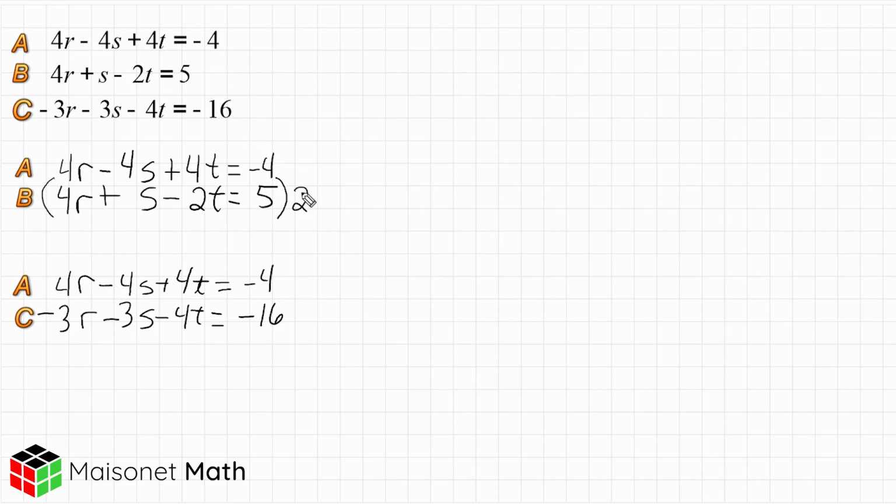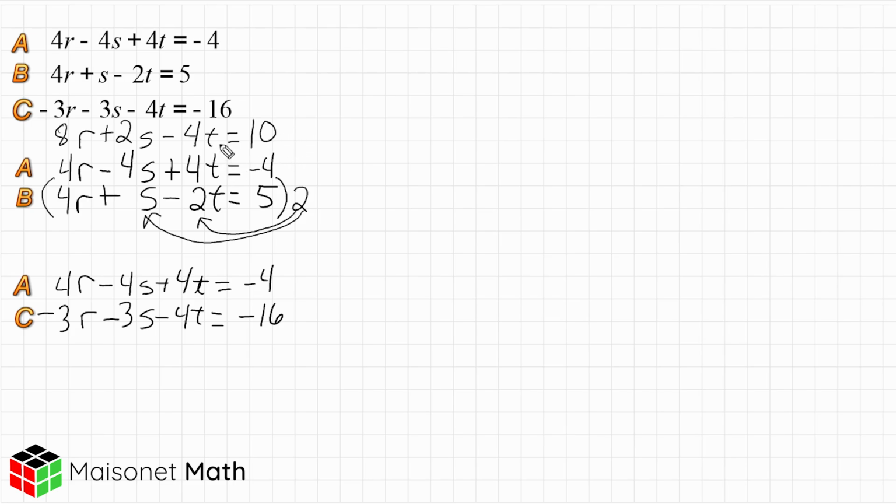If we double 4r, that's going to give us 8r. If we double 1s, that gives us +2s. If we double -2t, that gives us -4t. And if we double +5, that gives us +10. All right, now what we're going to do is take these two equations here and combine them together.